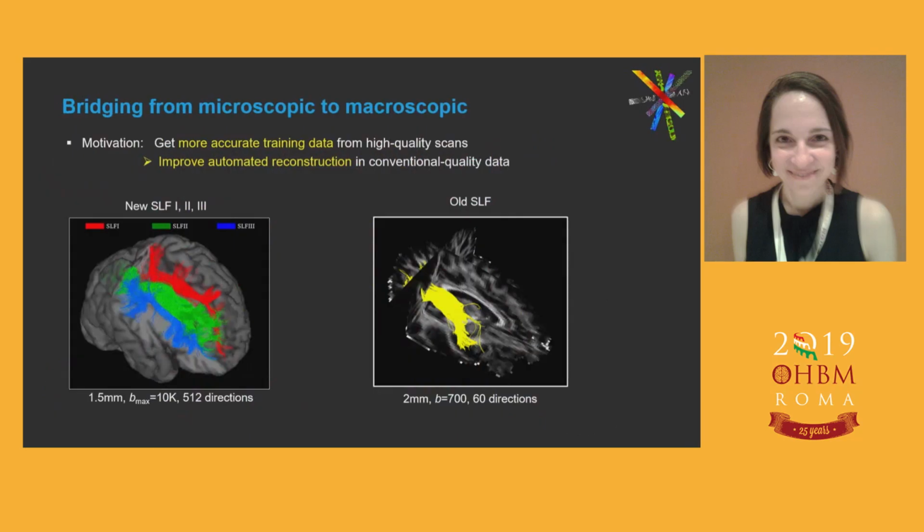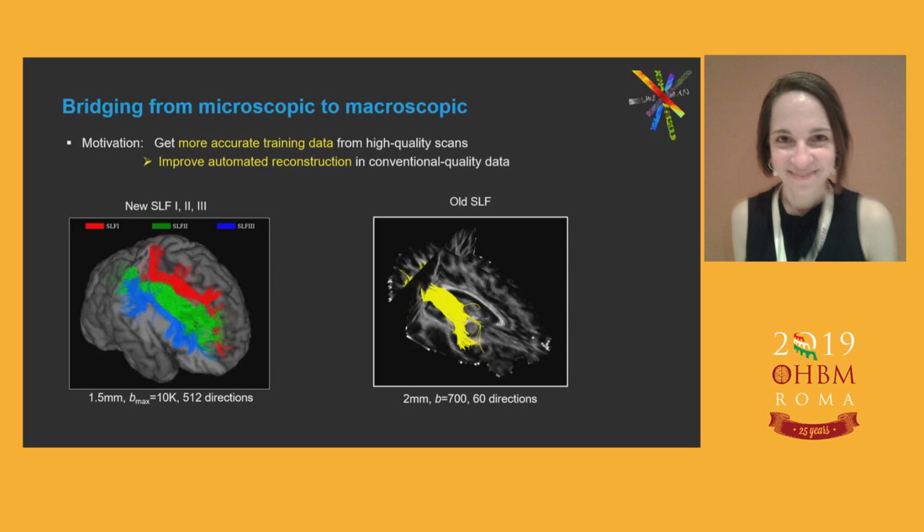And I'm going to show an example to finish on how we're planning to use this data to improve how we analyze in vivo data. So I'm going to show a case study focusing on the superior longitudinal fasciculus.